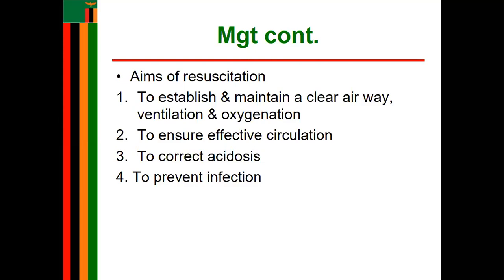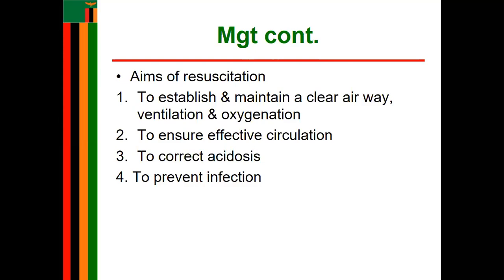You don't have to expose the baby to well-ventilated environments, because you need to prevent hypothermia, because hypothermia worsens the condition. In terms of circulation, you can give normal saline as a blood expander. You can give dextrose for energy, so that the baby is able to use accessory muscles.